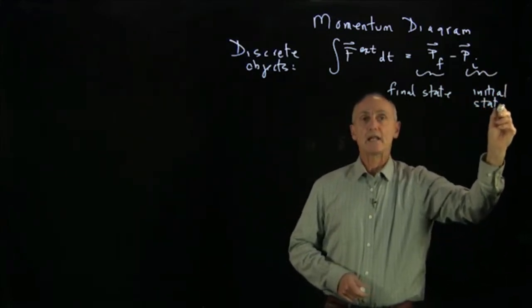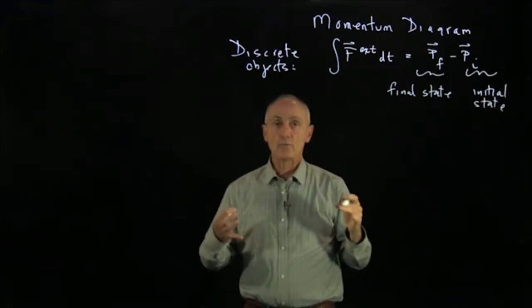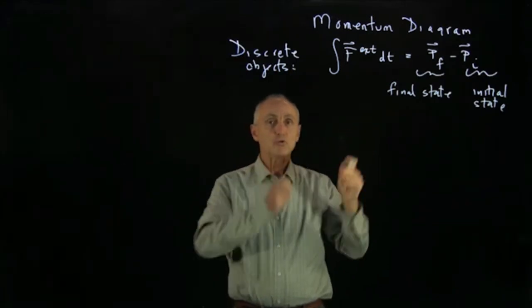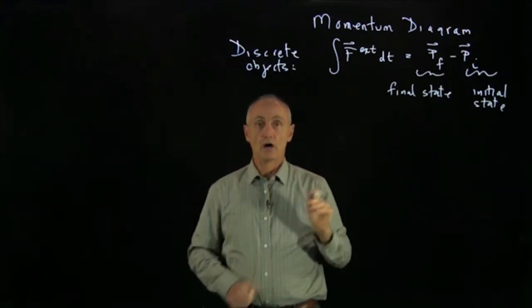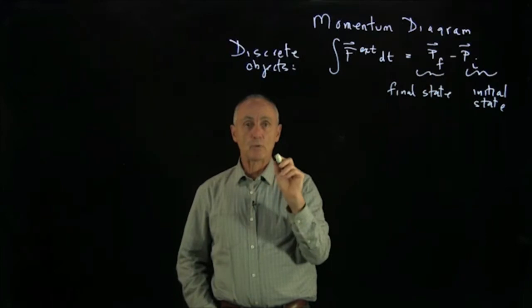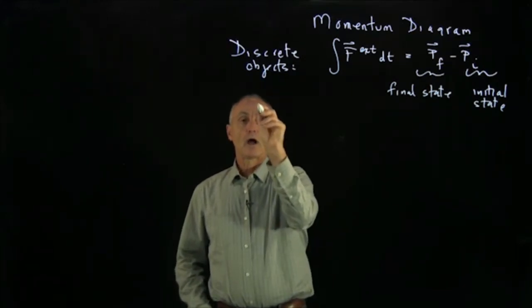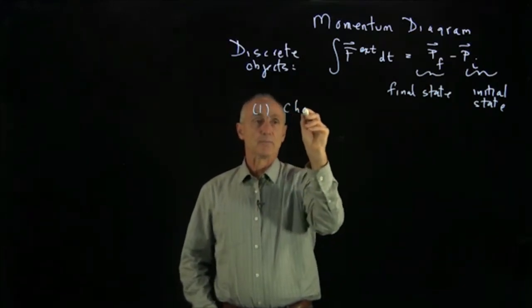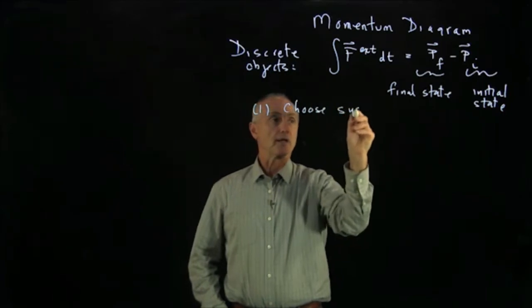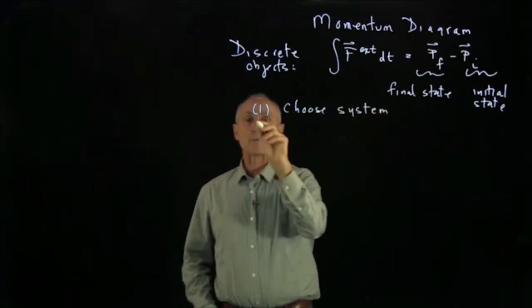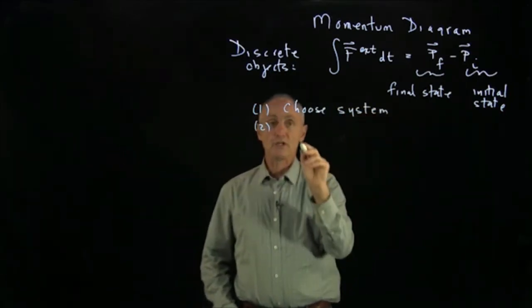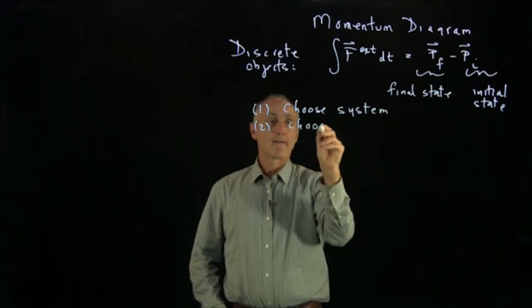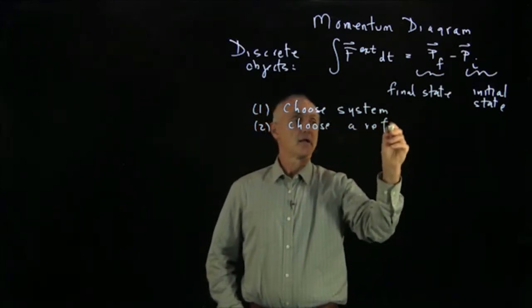So when we want to analyze problems, how can we methodologically introduce a picture representation of our problem? Let's look at what we need to do first. We always need to choose a system that we're referring to. And with respect to the choice of that system, we need to also choose a reference frame.